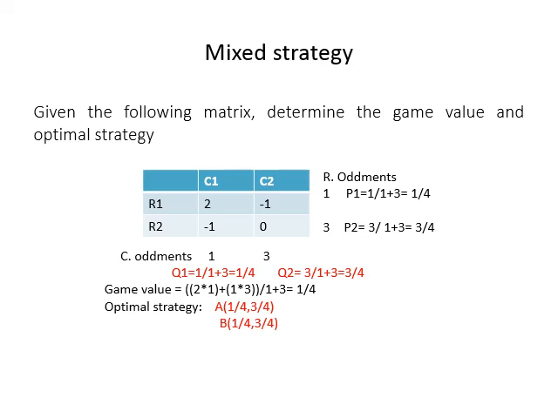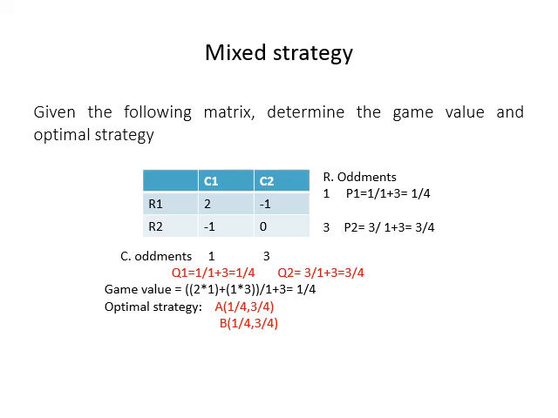Now let's apply the row oddments. Oddments R1 equal 0 minus 0, 0 minus negative 1, equal 1, and 2 minus negative 1, equal 3.